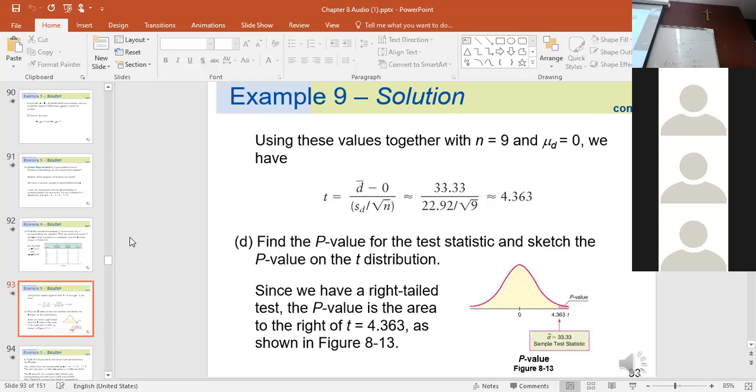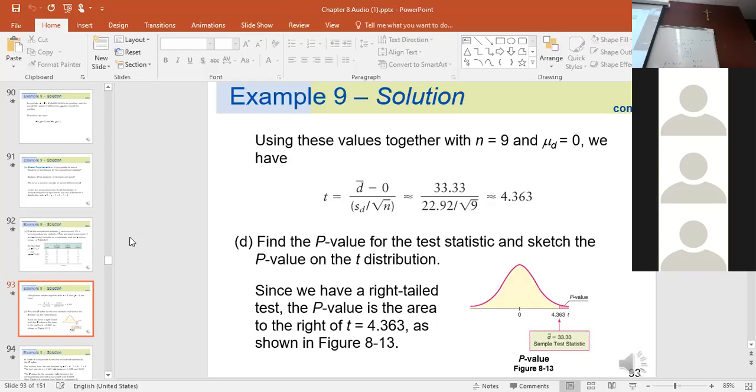So alpha equals what? Do you remember? 0.01, right? Alpha was 0.01. Is P less than or greater than 0.01? P is less than alpha. So what is our decision? Reject H0.